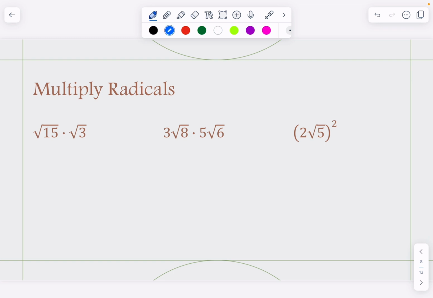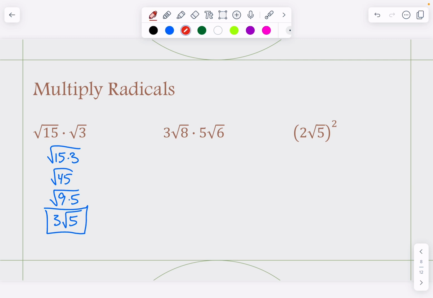So on this first one, 15 and 3 are both inside the radical, so I can multiply them, technically using this property to combine them. 15 times 3 is 45, and then I need to look for the opportunity to simplify. 45 has a perfect square of 9 as a factor, and the square root of 9 is 3. So my final simplified answer is 3 root 5.